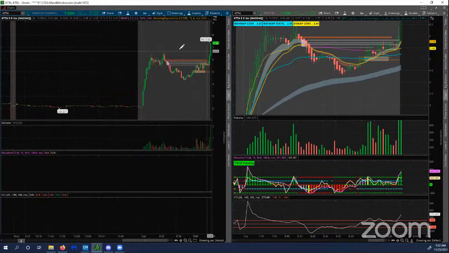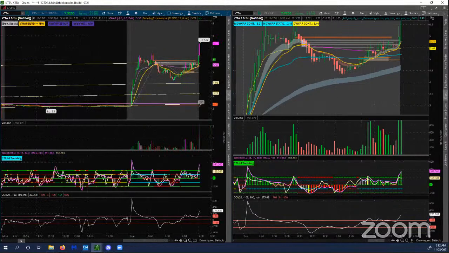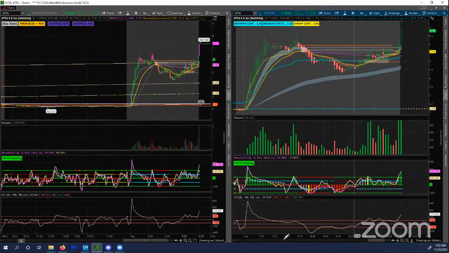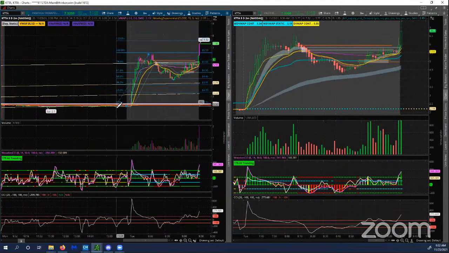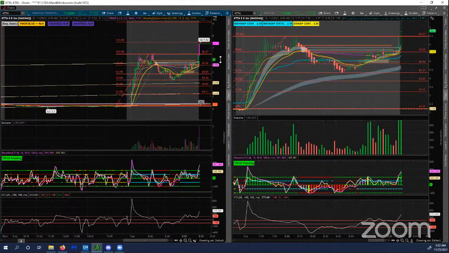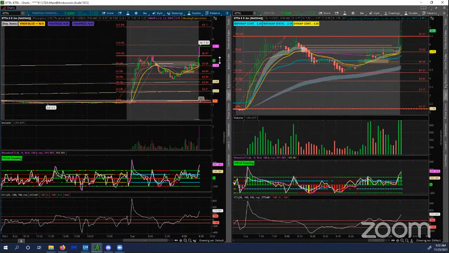So what do we do? What do you do with a recent IPO where you don't have any targets? Yeah, draw your Fibonacci's.